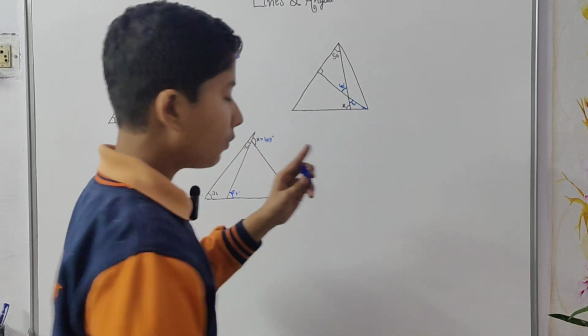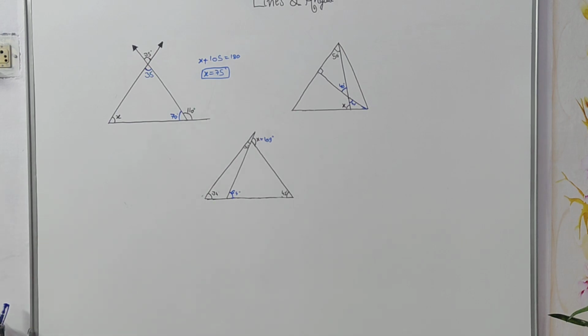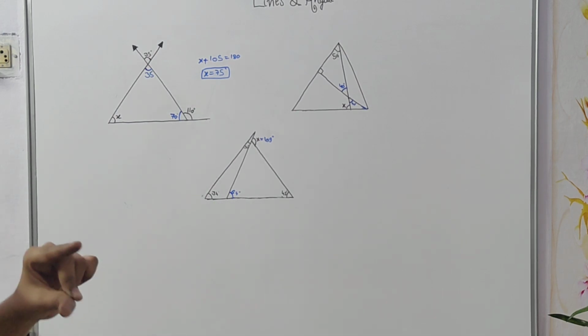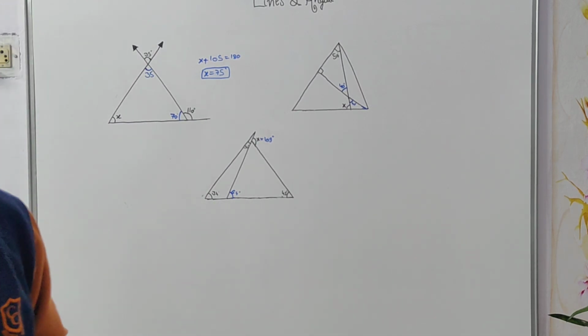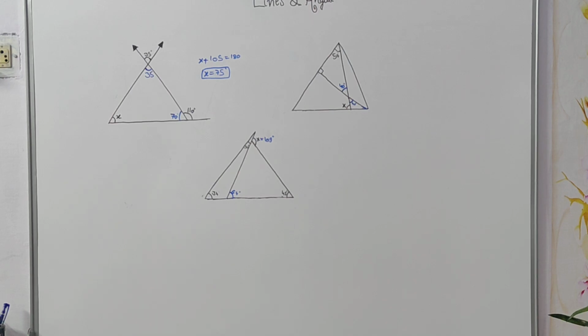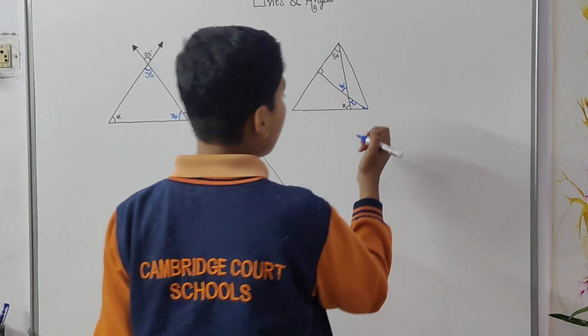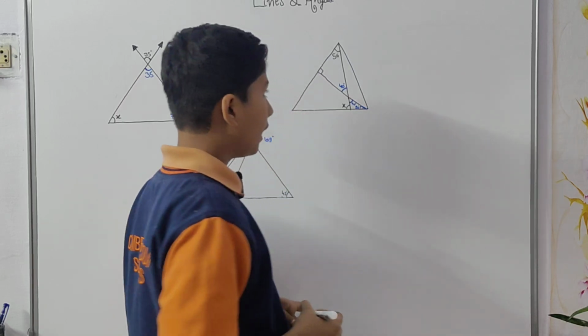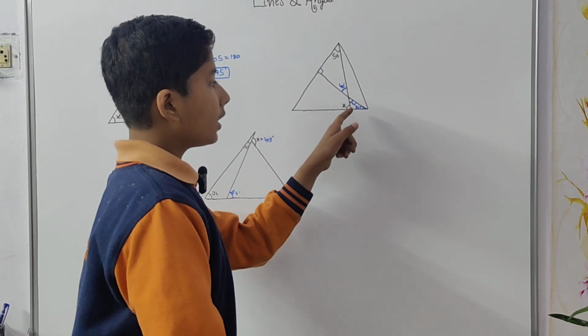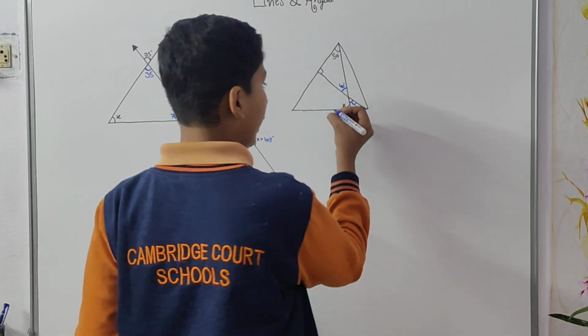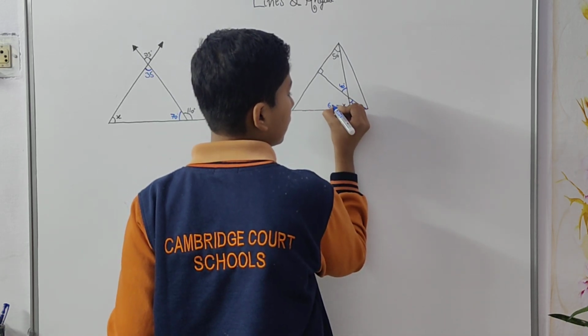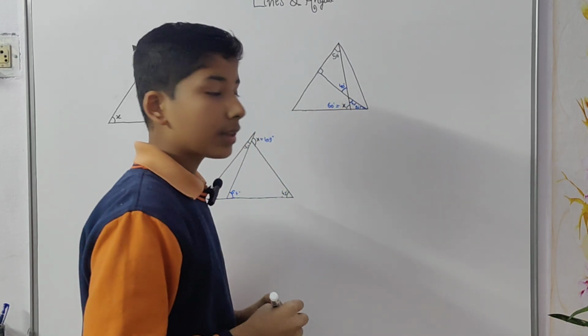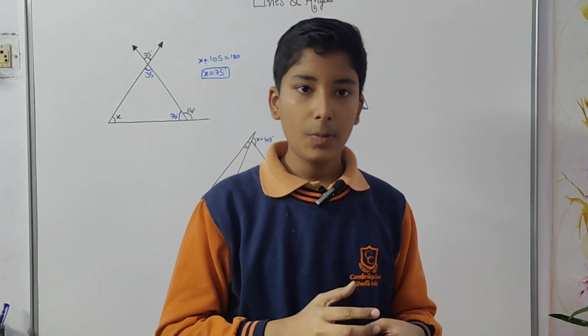And wait, one more angle might be given. Yes, it is given. This angle is 20 degree. So this is 20, this is 40. So x will be 60 degree, by the exterior angle property.